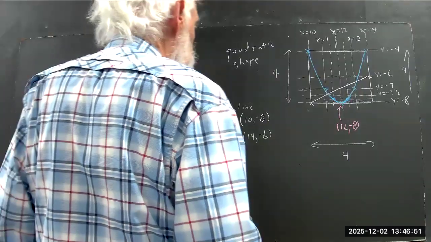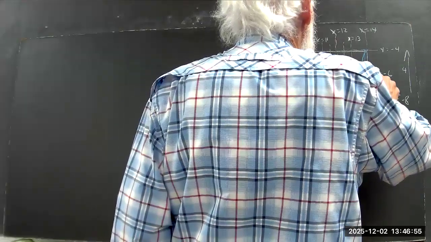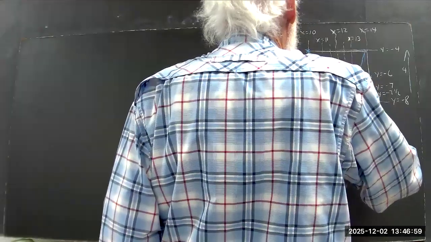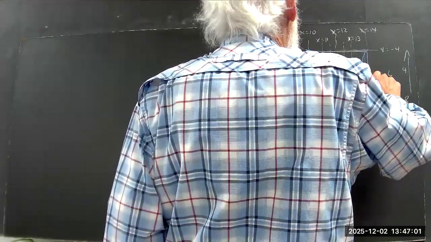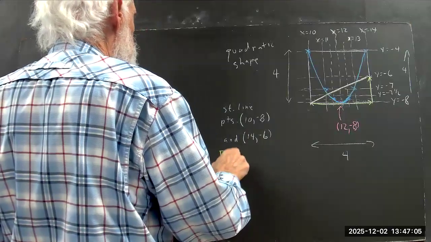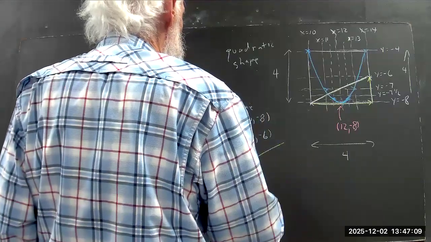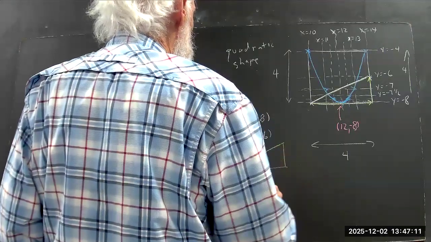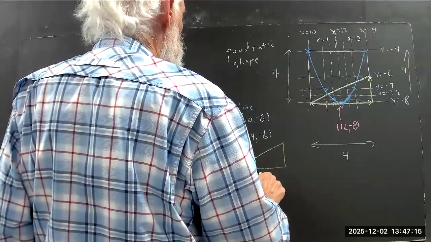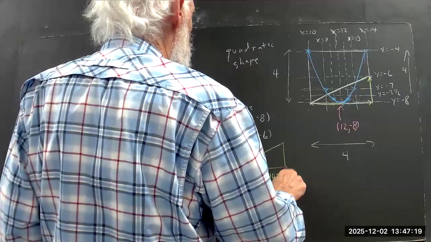Yeah, I'm just going to say we're going to use the slope. Fundamental triangle is going to have a run equals 14 minus 10 equals 4.